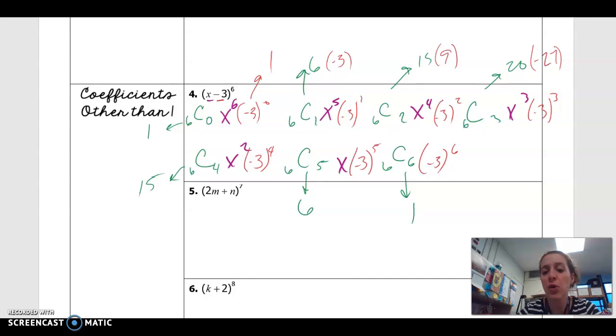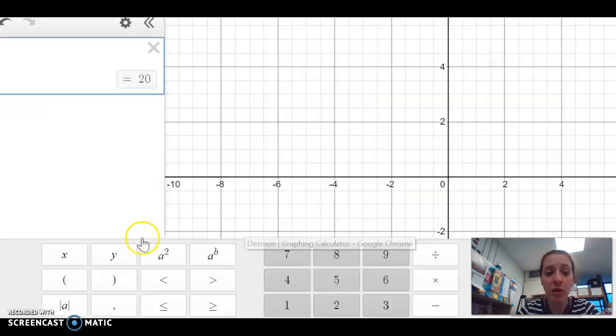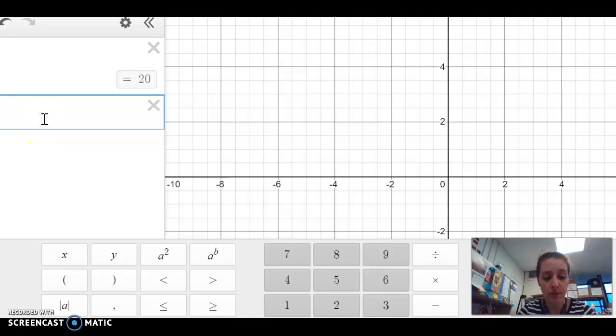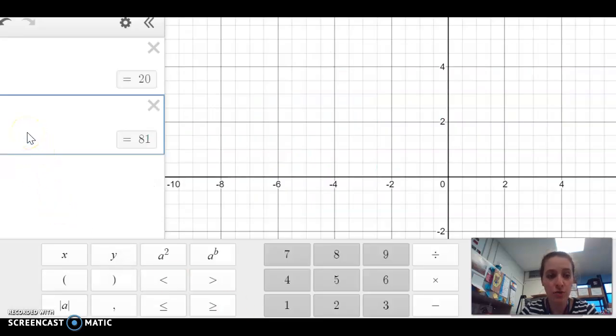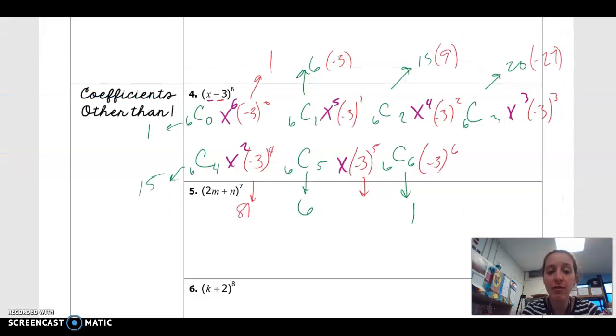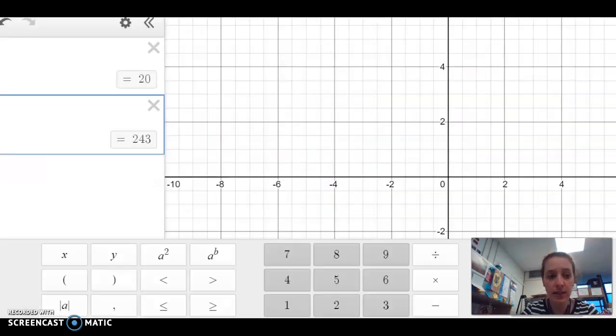Now I'm getting to the point where I'm going to need my calculator, so I'll use Desmos since I have it open. 3 to the 4th is 81, and I know that's going to be a positive 81. Negative 3 to the 5th is 243, and it's going to be a negative 243. And 3 to the 6th will be 729.